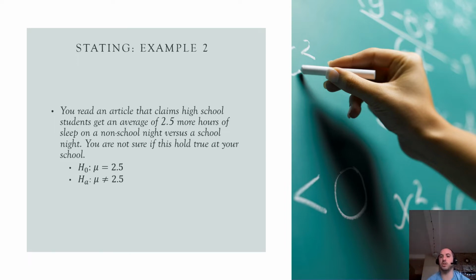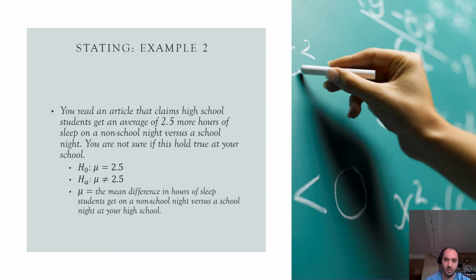And that's what you think; you don't think it holds at your school. So you're going to make your alternative hypothesis mu is not equal to 2.5, whereas your null hypothesis is mu is equal to 2.5, where mu is just that mean difference in hours of sleep. This is an example of a two-sided alternative hypothesis because we have the not equal to symbol in our alternative hypothesis. So these are two different examples.